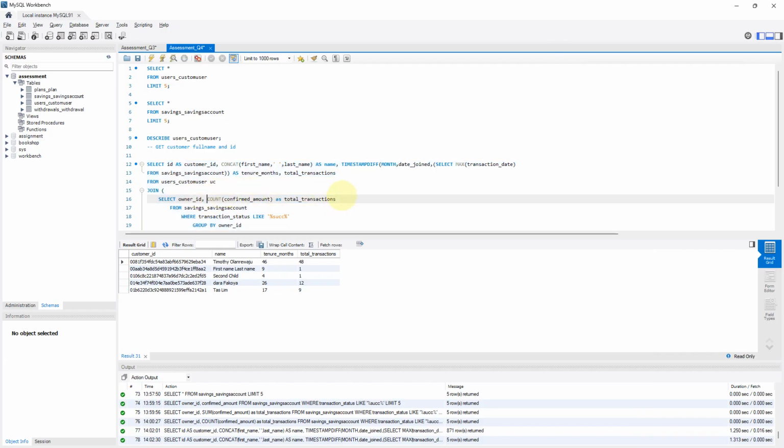In this join, I'm going to add a transaction value, and I'll say sum confirmed amount, multiply by 0.1.